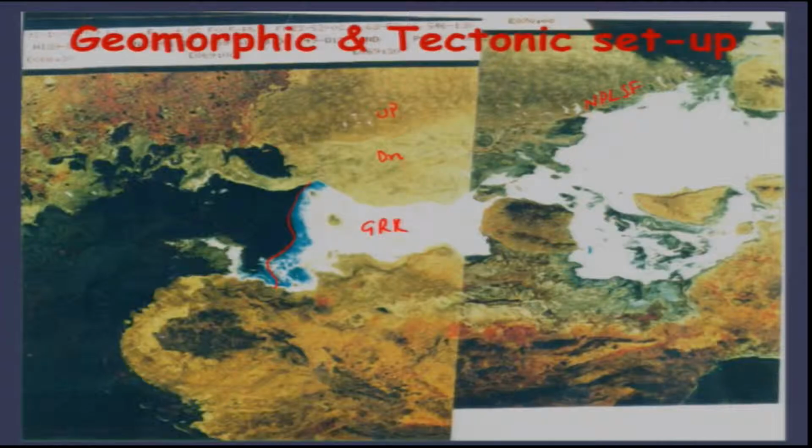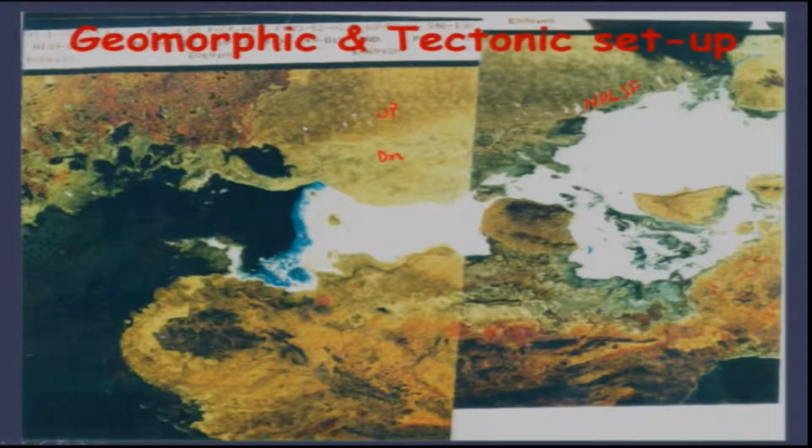Over time, of course, the landscape changed here, because this whole area which is now considered, or which we have demarcated, as the Great Rann of Kutch was part of the Arabian Sea.